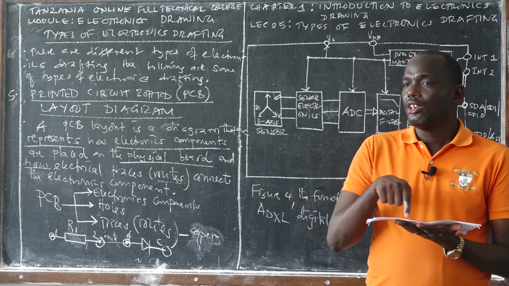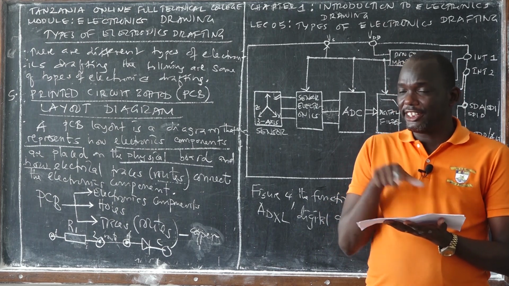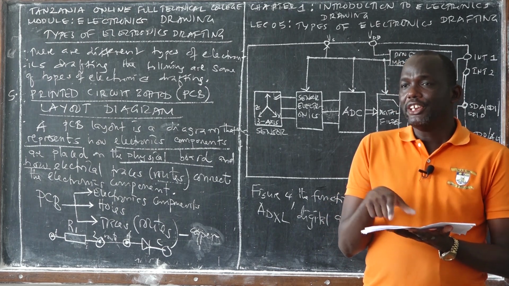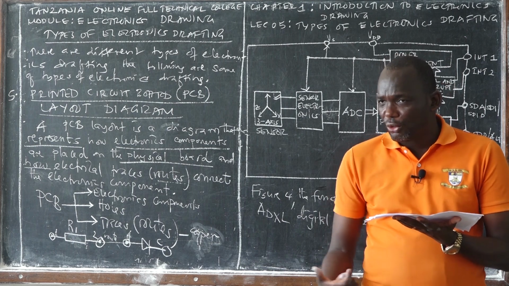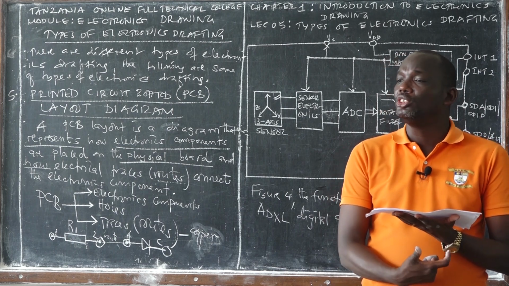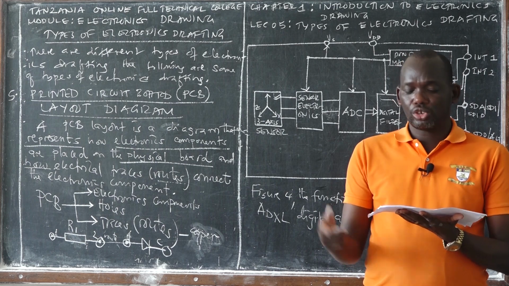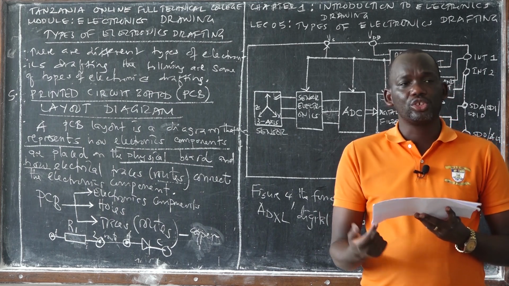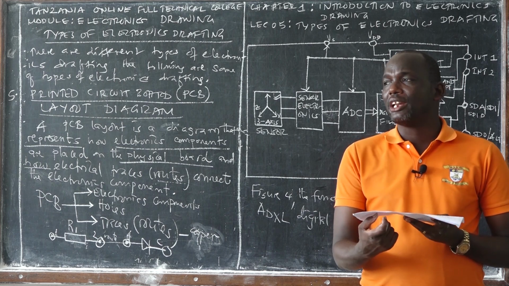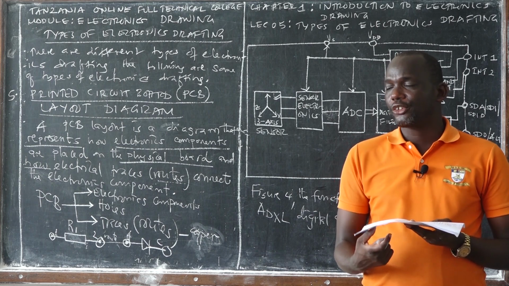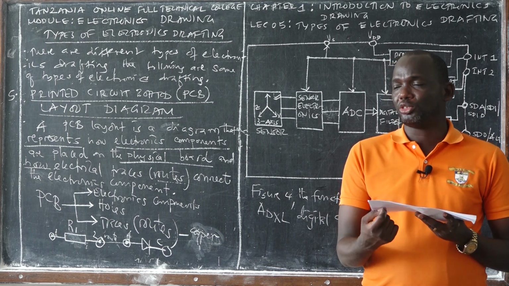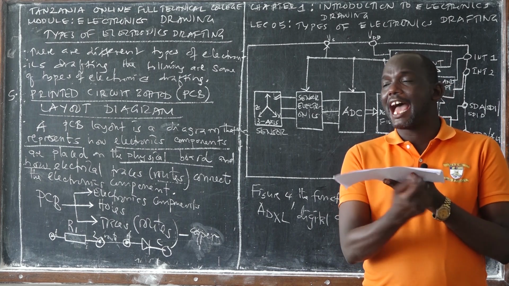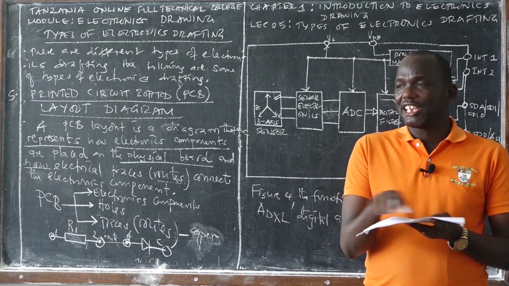We are responsible to arrange the electronics components on the PCB board, and also to interconnect them by using copper material. Once you mount electronics components on this PCB board, the next step is soldering. Soldering means that you attach those electronics components permanently onto the PCB board. The soldering should be done on this side. On this side, you just have electronics components.